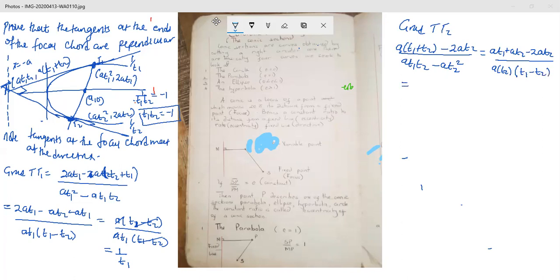This will take me to a into (t1 minus t2) over a t2 into (t1 minus t2). One should be a negative. Which one should have been a negative?